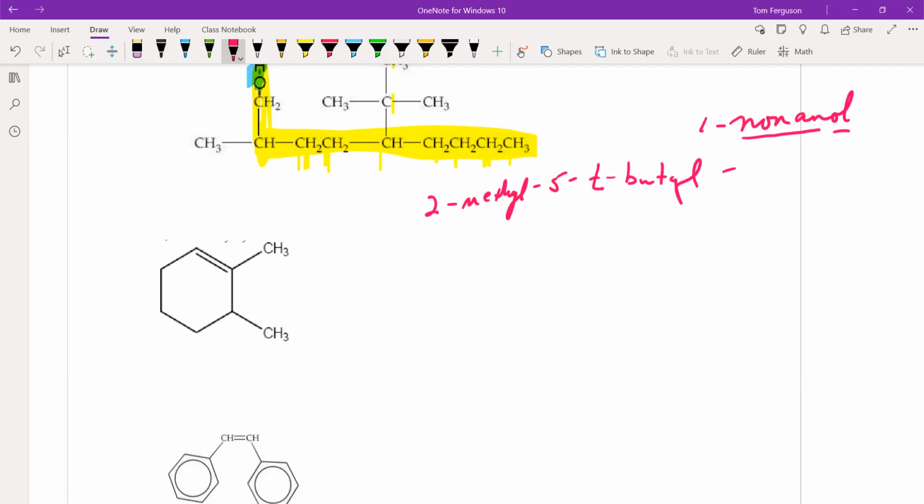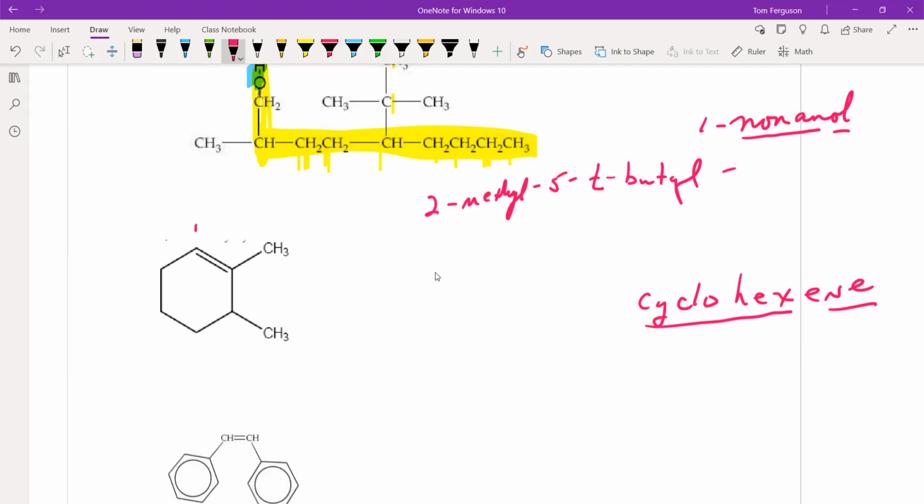Okay, so what do we got here? We got a 6-sided ring, cyclic compound, and it's an alkene. So it's going to be cyclohexene. Now, numbering.